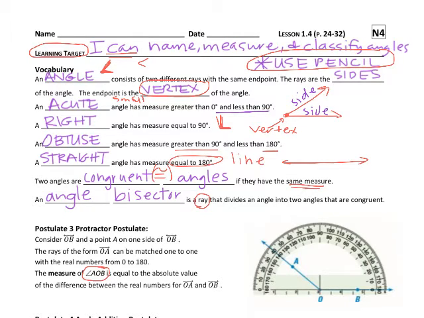So, for instance, if we look at this angle that I already drew, if I wanted to say that I was bisecting this angle, I could make another ray and then mark that this part here is congruent to this part here. So there are some special little markings that you'll see as we go on that mean that the angles are congruent as well. So similar to how we said that some segments were congruent, we also have a way to say that angles are congruent.